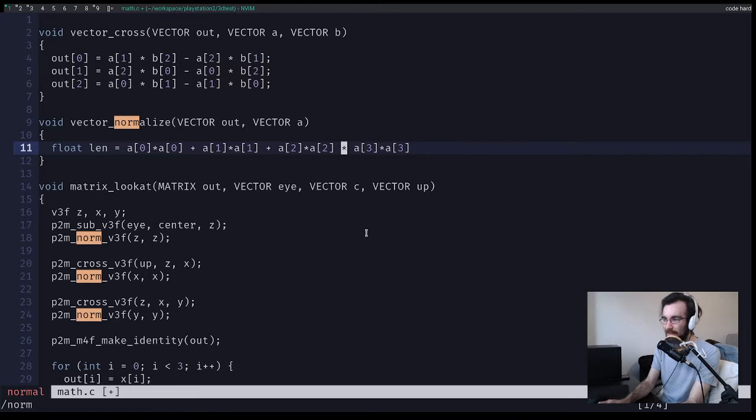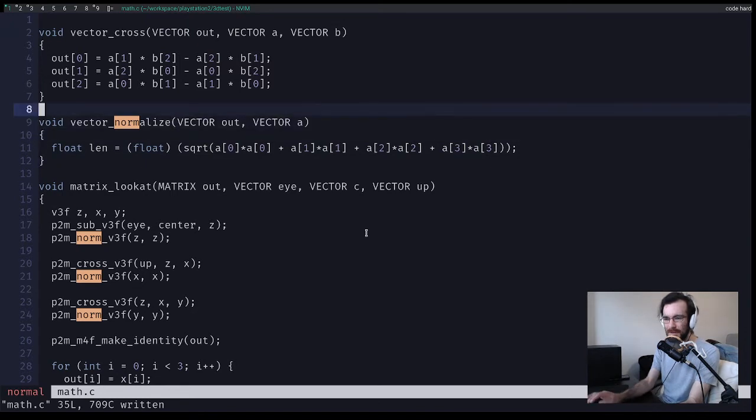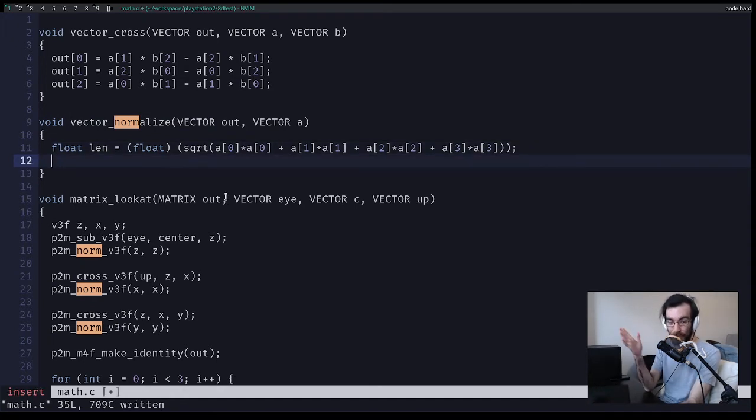I'm going to float script. This means we have to link against libmath, I think, which is always fun. I don't know how that's implemented in PS2 SDK, but I hope it's using instructions, like the actual hardware instruction for this. So we have the length, and then out 0 equals A0 divided by len.